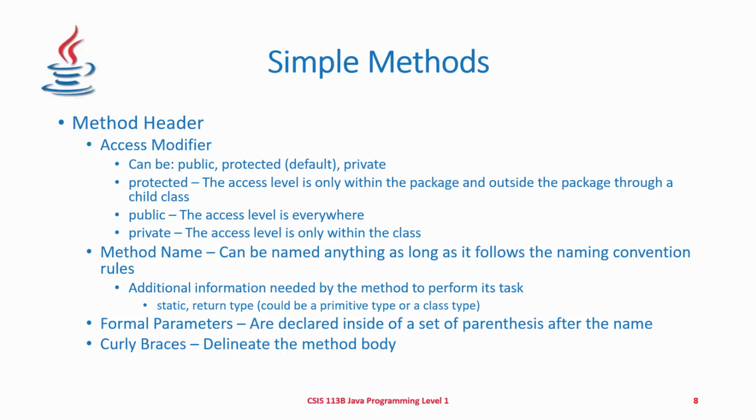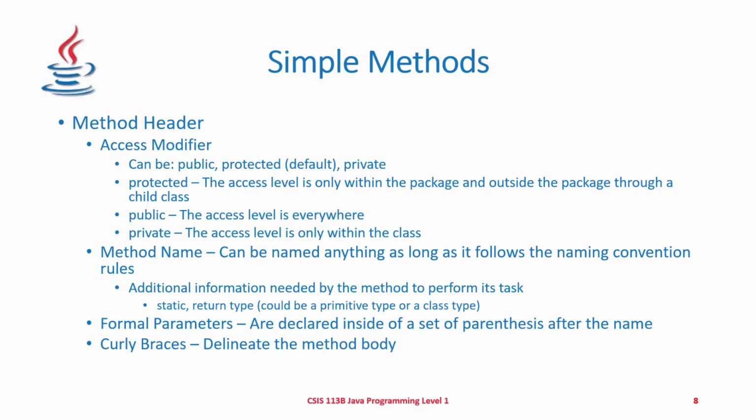Public means that the access level is everywhere, so any code that wants to call our method can have access to it regardless of the library that contains it. And private means that the access level is only within the class, so only other methods or code within the class would be able to call our method.